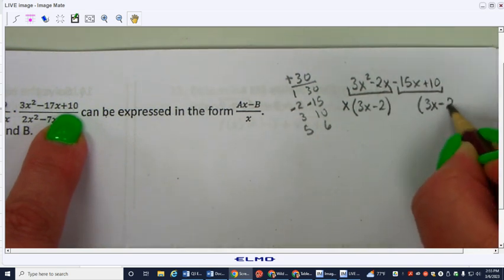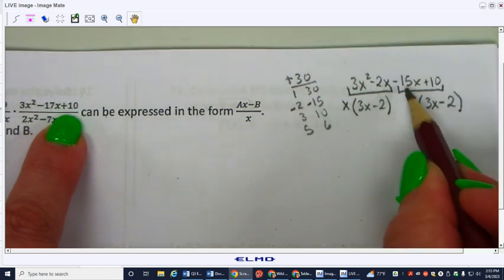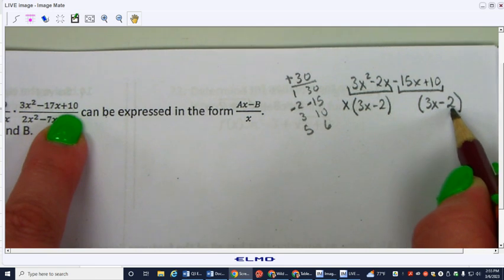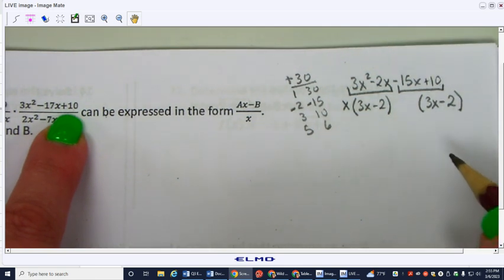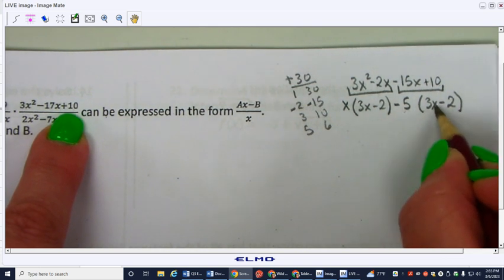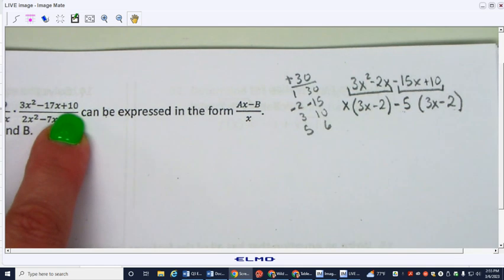So that's what I need to have left over here. I need to have the same thing left. What can I divide the negative 15 and the 10 by so that I get a positive 3x and a negative 2? Negative 5. So negative 5 times 3 is my negative 15, and negative 5 times negative 2 is my positive 10.